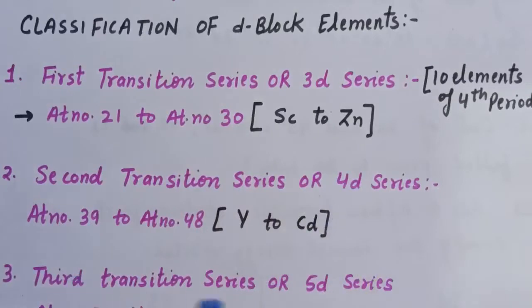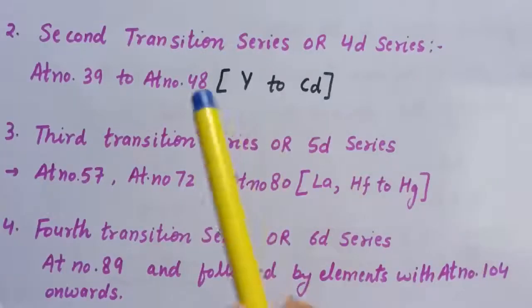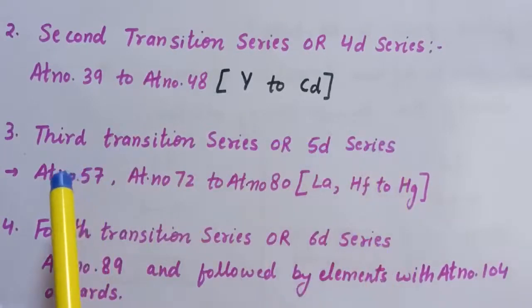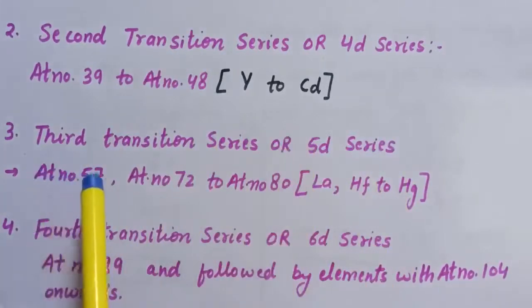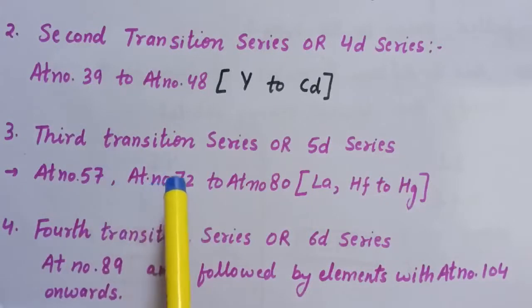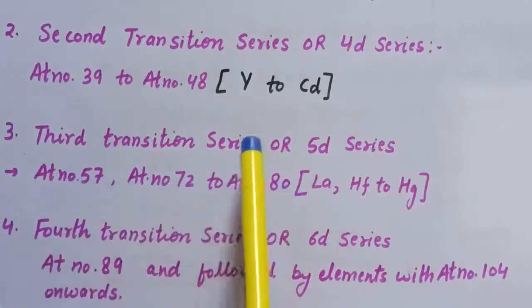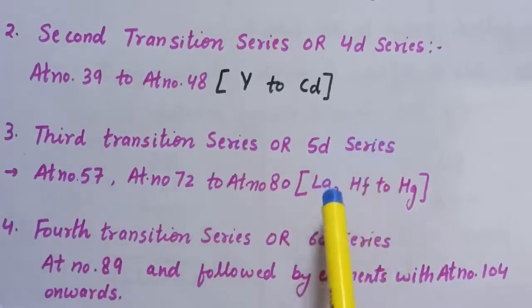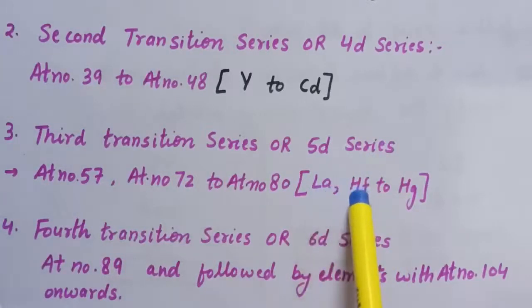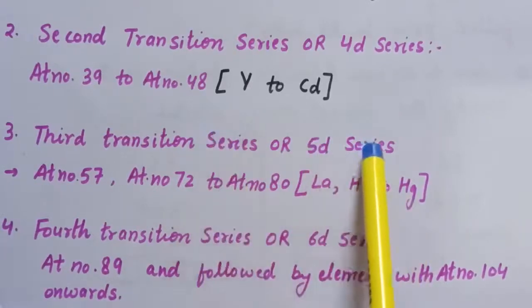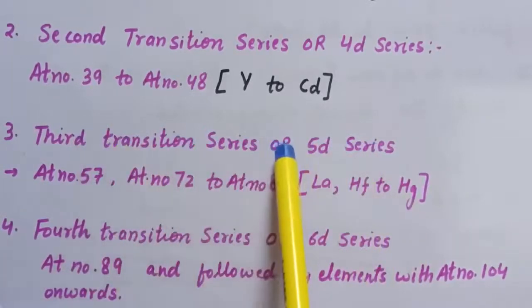Now we have third transition series, which is also known as 5D series, and in this series the elements of atomic number 57 and from atomic number 72 to atomic number 80 belong to 5D series, and the elements are lanthanum and from hafnium to mercury. These elements belong to 5D series, or you can say third transition series.